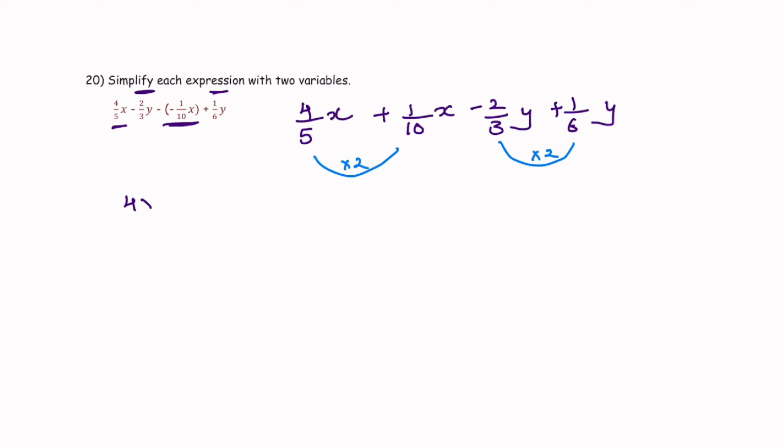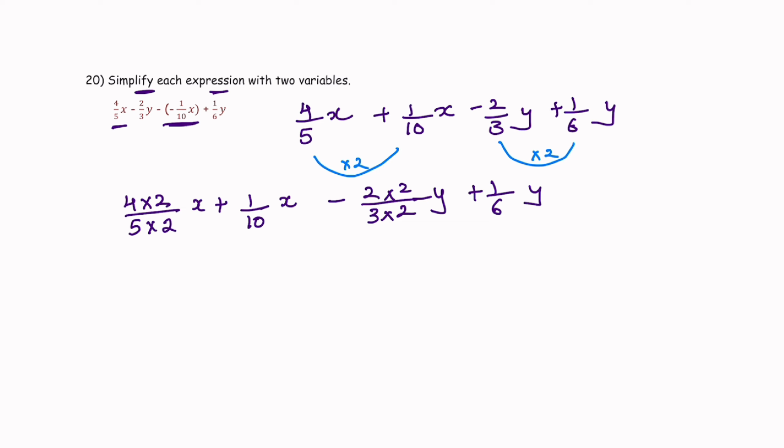So this becomes 4 times 2 over 5 times 2x plus 1 over 10x minus 2 over 3, and that is to be multiplied with 2 to make it 6, y plus 1 over 6y, which is equal to 8 over 10x plus 1 over 10x minus 4 over 6y plus 1 over 6y.